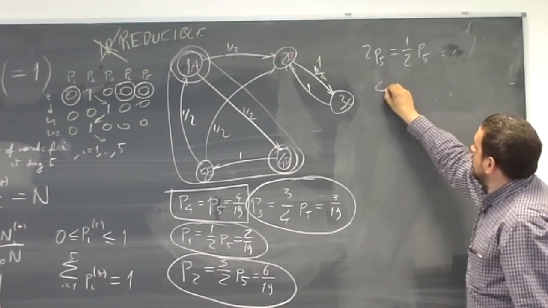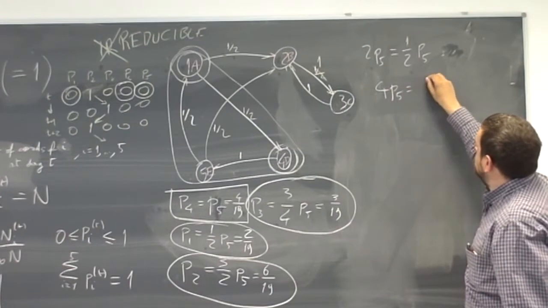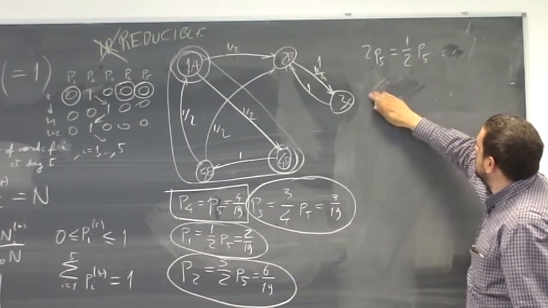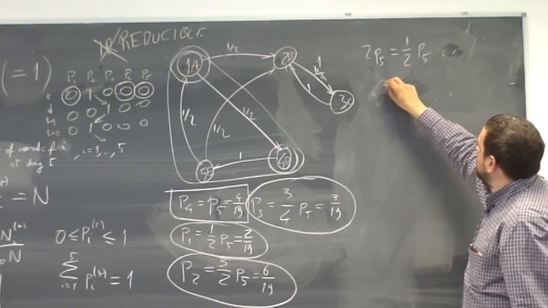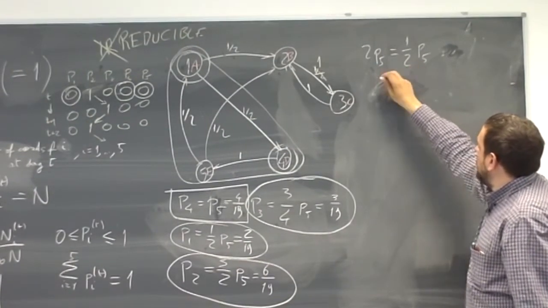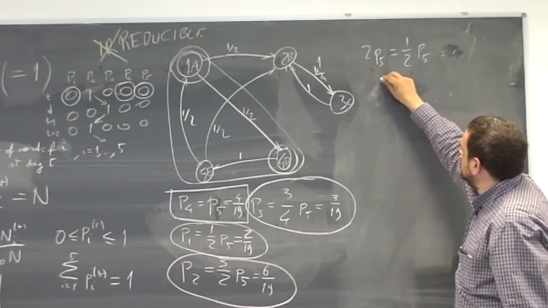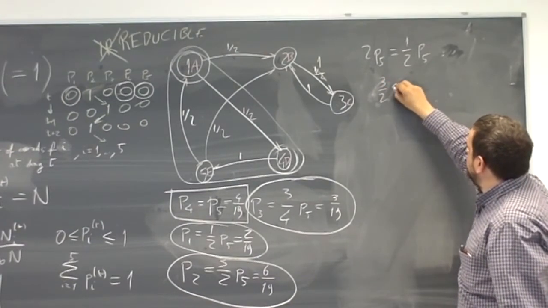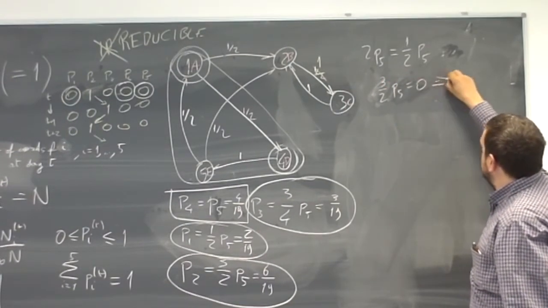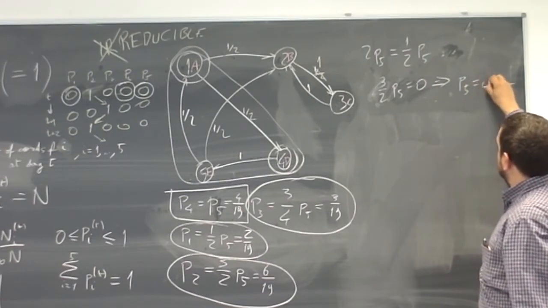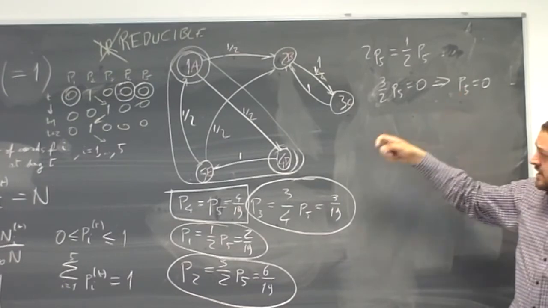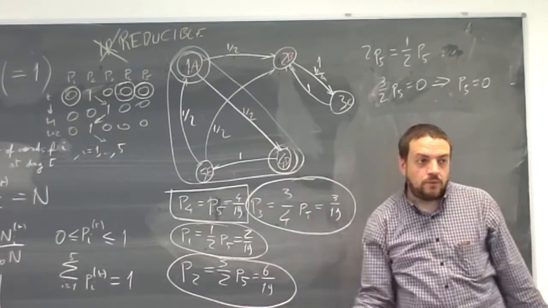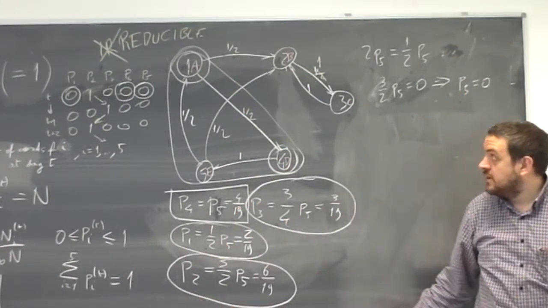This is 4 P5 equal to, sorry, why 4? 2 minus 1/2. Okay, so 3/2 of P5 equal to 0, meaning P5 equal to 0, and then the value of P5 cascades also to P4 and P1 by the previous equations.